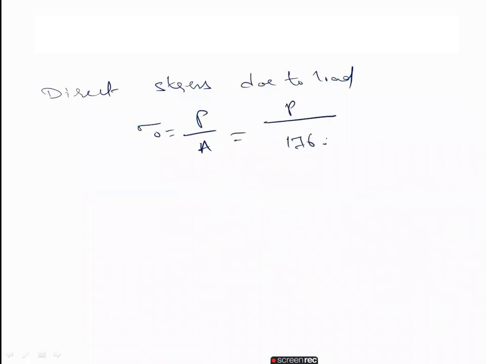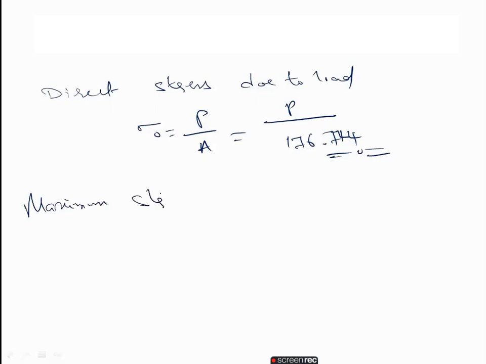So now we have to calculate the direct stress. The direct stress due to load is, we know, sigma naught equal to P by A. So that is P by 176.714. Now what is the maximum stress formula? We discussed it yesterday in lecture.